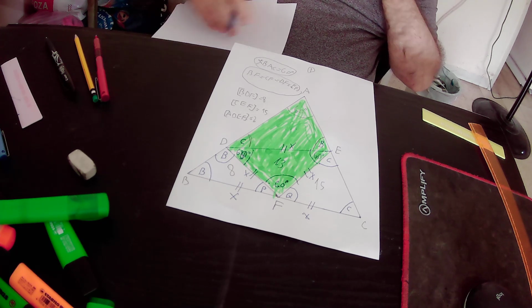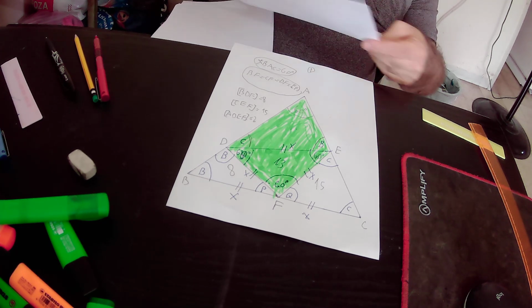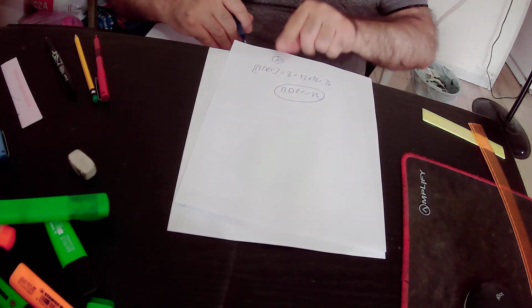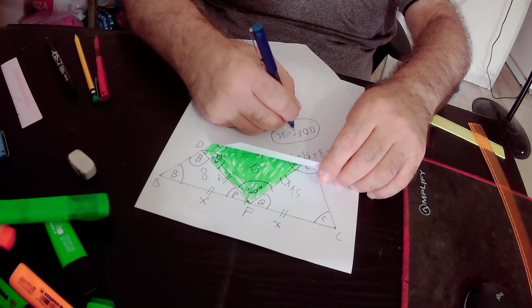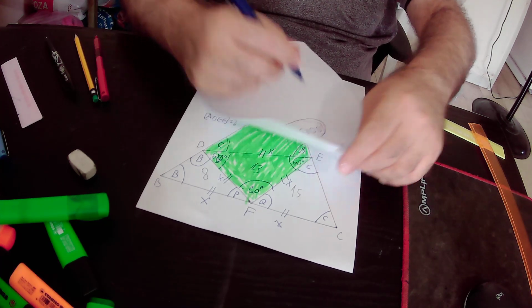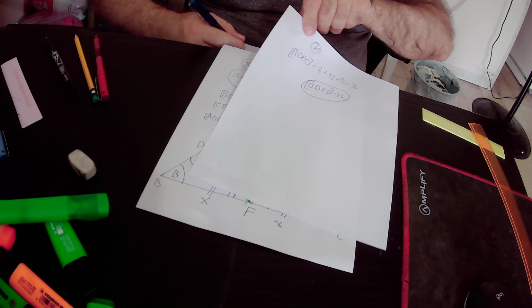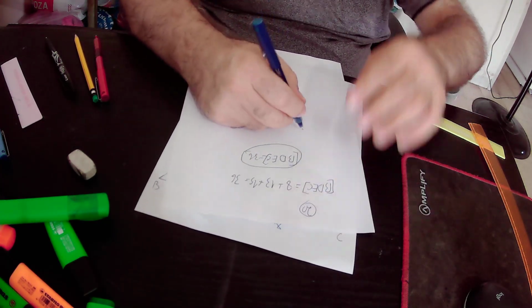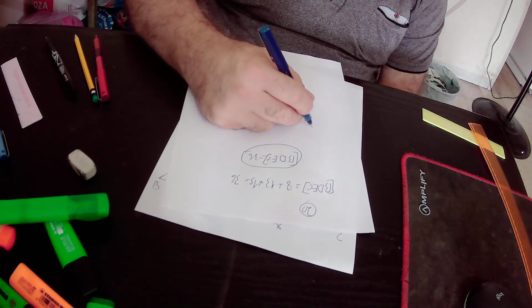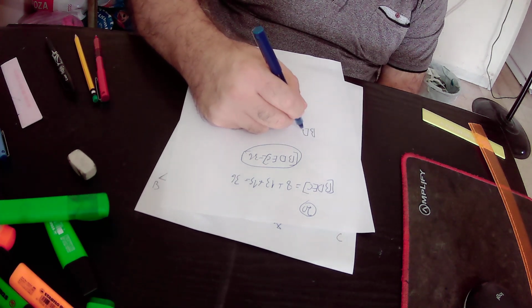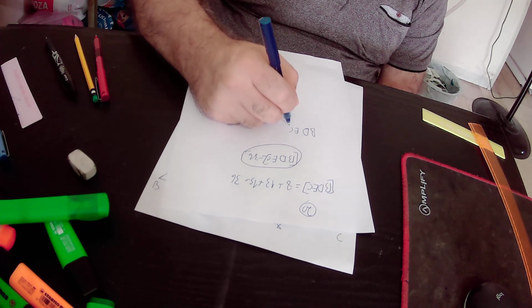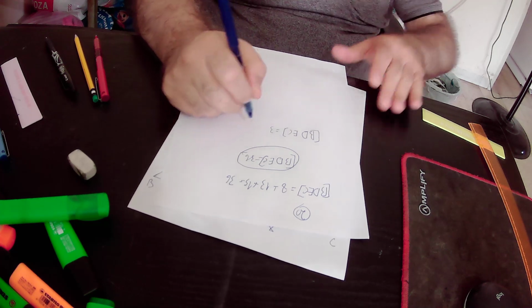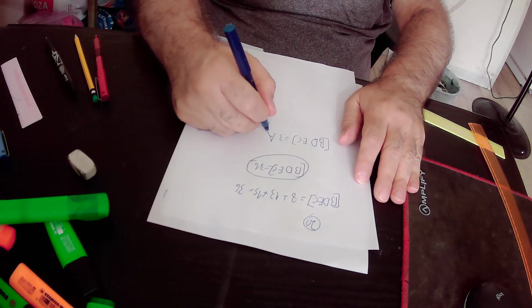But we have already found that the area of quadrilateral BDEC equals 3 times the area of triangle ADE.